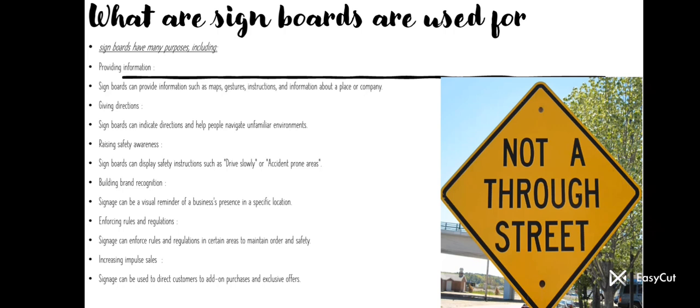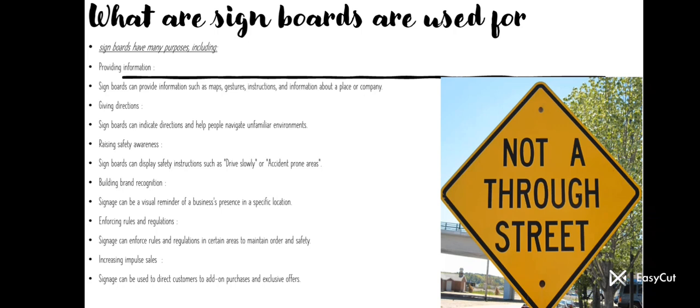Building brand recognition: signage can be a visual reminder of a business presence in a specific location. With these, we can build brand recognition, for example, if you have a facial cream company, then they'll build a big signboard on a building or a bridge, and with the help of these signboards, they can promote businesses.